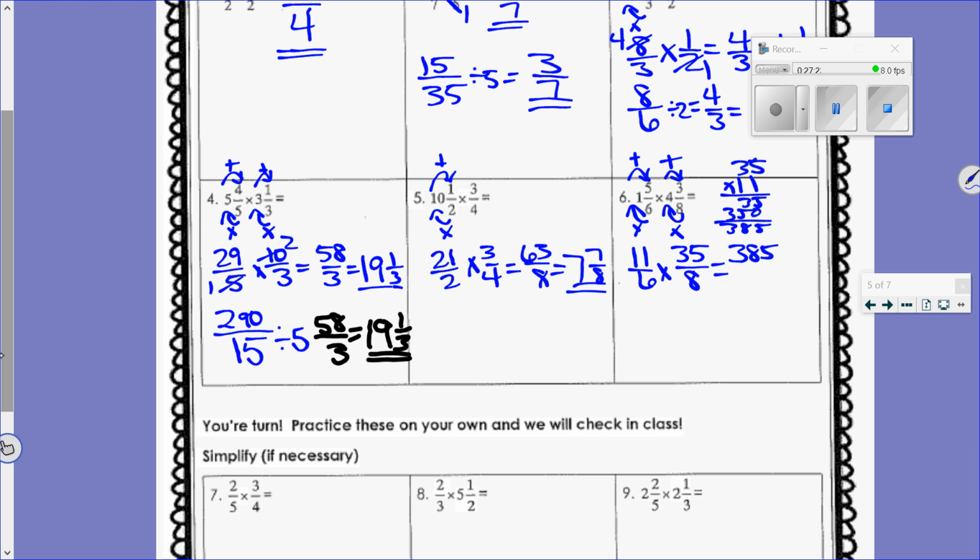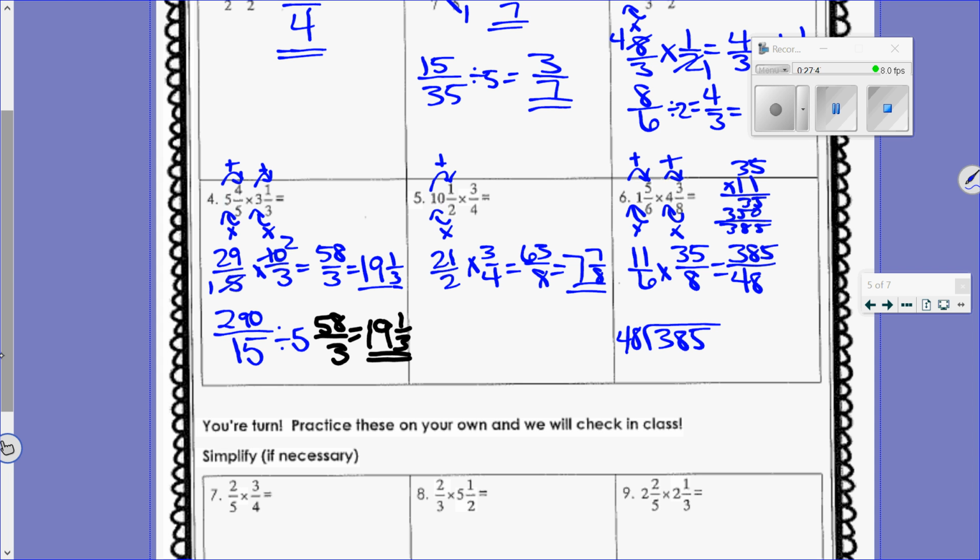And then 6 times 8 is 48. So we're going to have to do the long math on that. 385 divided by 48. Using a rounding estimation, that's almost 50, right? So 50 and 385 is almost 400. So almost 50 and almost 400 is going to go about 8 times.